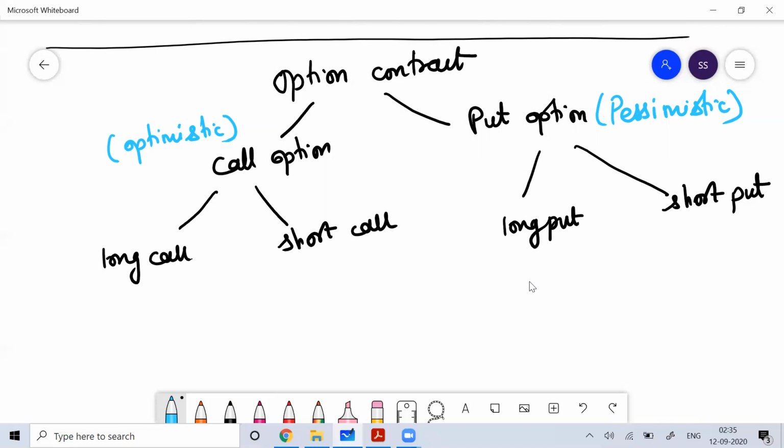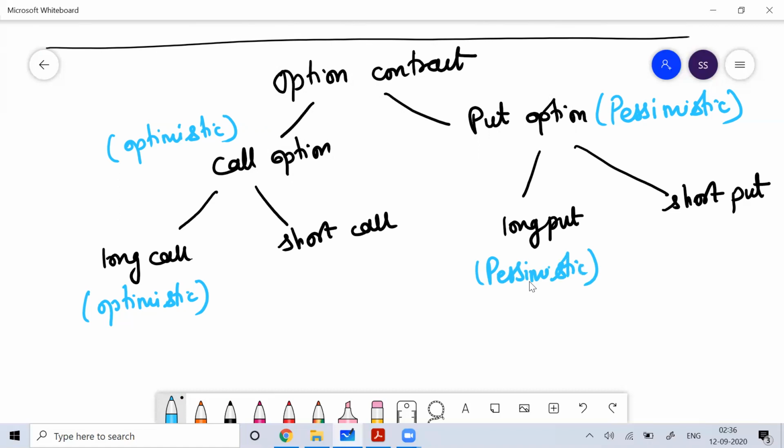Now you can understand that options are biased toward the long position holder. Whenever I say call option means optimistic, you can put long call as optimistic. Similarly, if I say put option is pessimism, you can put long put as pessimistic.